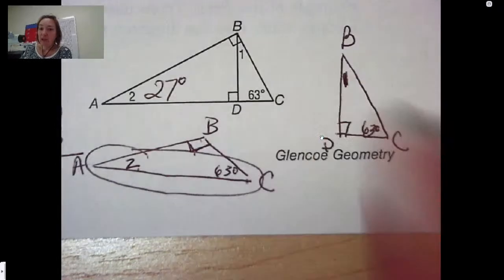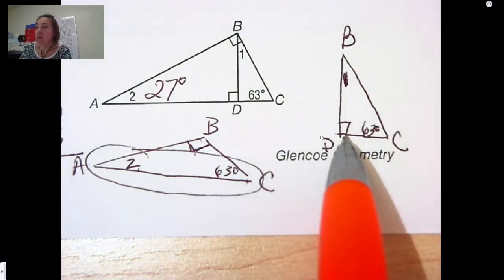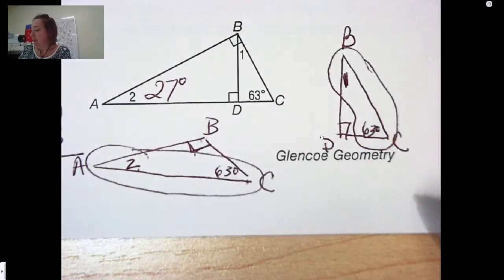Now, what about this little triangle? How do we find that angle 1? We know one's a right angle. That means what do these two have to add up to? 90.